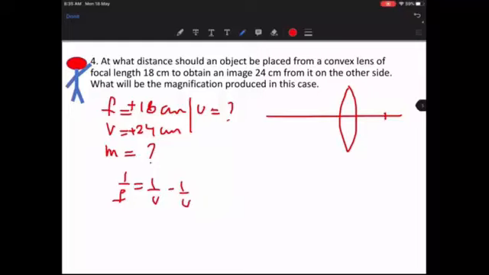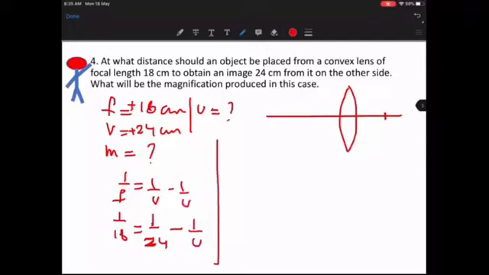So 1 upon V minus 1 upon U. So you have 1 upon F, which is 18, is equal to 1 upon V, which is 24, minus 1 upon U. So you will write 1 upon U like that. Just solve it. I'm also solving it parallelly along with you.